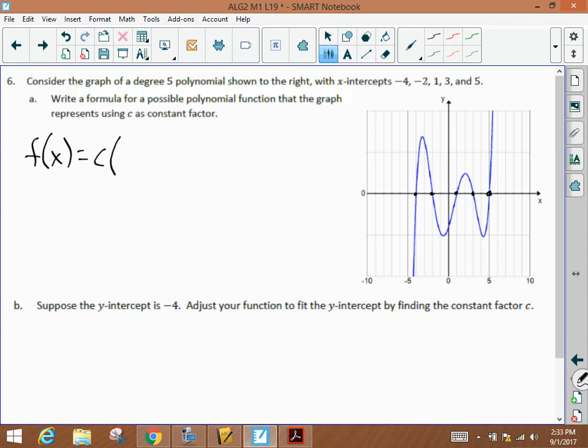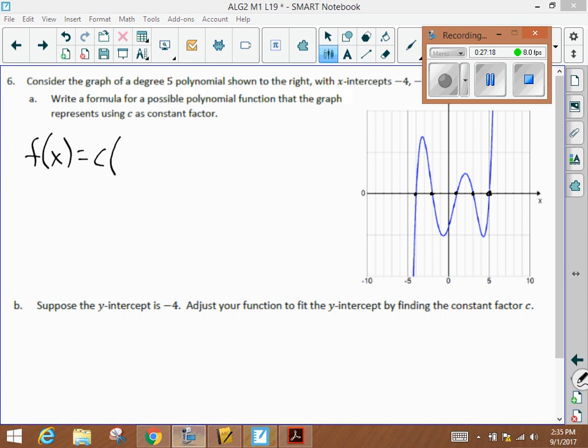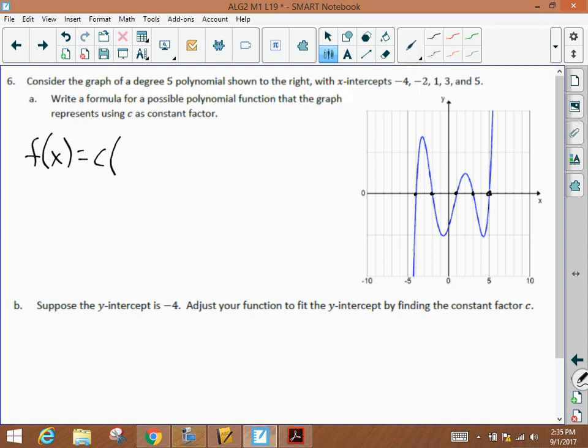If I put it out in the front, it's going to multiply everything in the parentheses that comes after it.